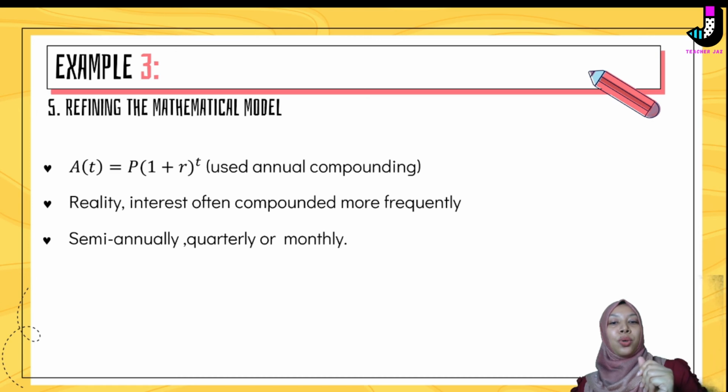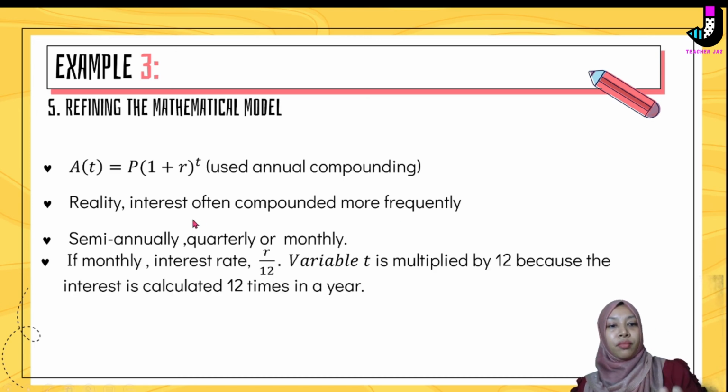So if monthly, the interest rate you need to change to R over 12. Why? Because R is per annum, setahun. So kalau every month dapat this interest, you have to divide it by 12.